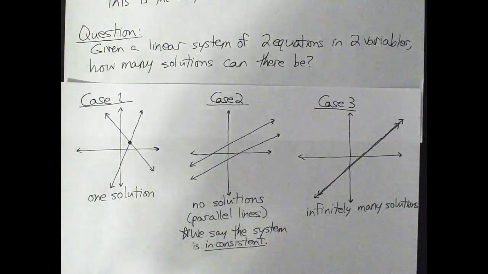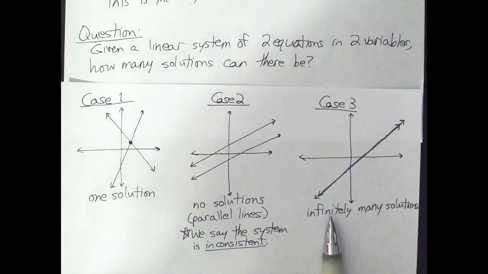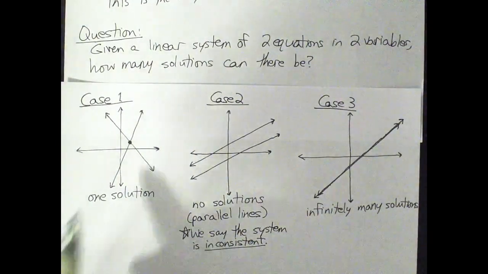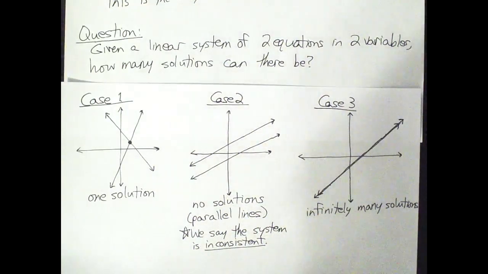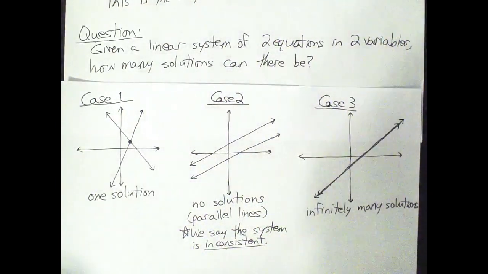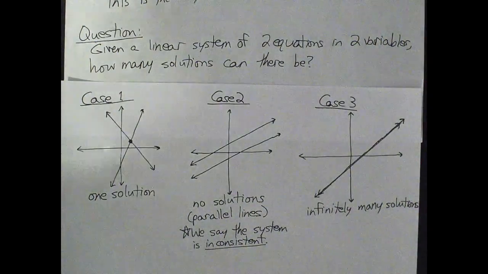There has to be infinitely many, or just one, or none. The only way you could get the lines to intersect in two places would be if one of them was a curved line. And if that were the case, then you wouldn't be talking about linear equations.